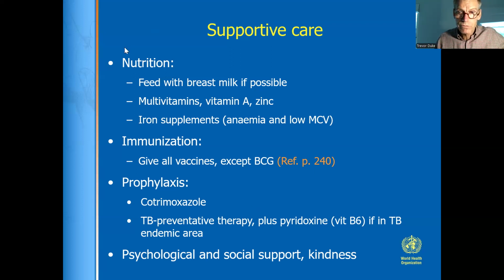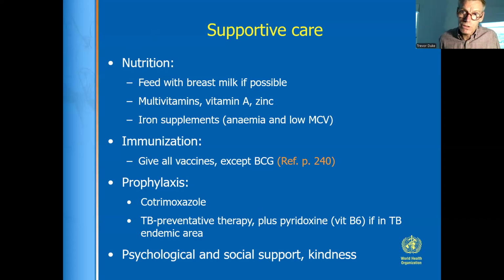Other forms of supportive care are common to other children, that is improving their nutrition. And while breast milk transmission of HIV virus does occur, if a child's got HIV, then they should be breastfed with breast milk if at all possible, because that will be certainly a safe thing to do, because the child's already got HIV.